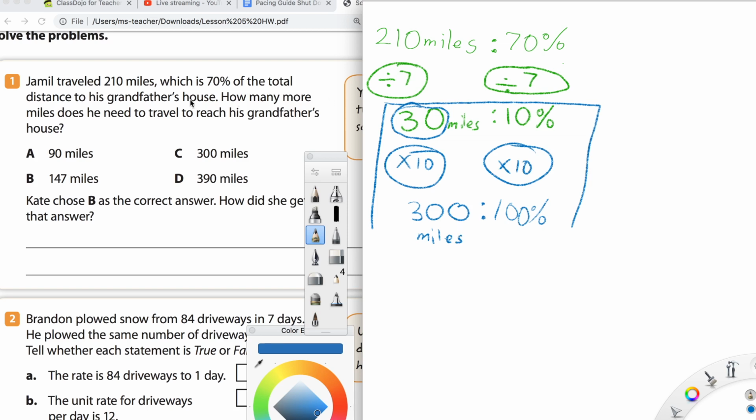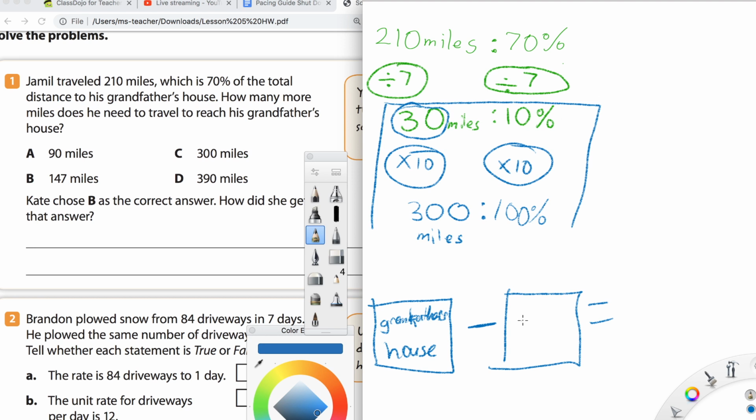Now it says, how many more miles does he need to travel to reach his grandfather's house? See how it says how many more? You need to subtract. You need to subtract how far his grandfather's house is by how much 70% is.